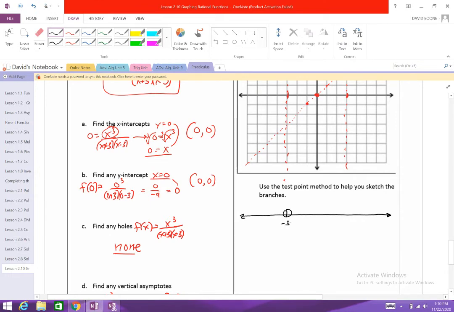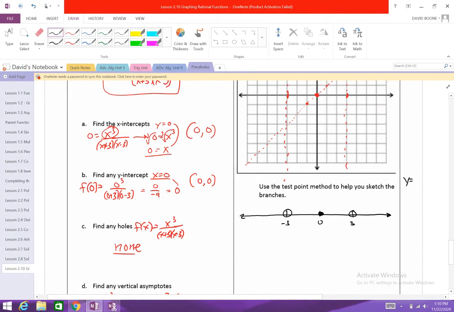That's going to be an open circle because you can't have that. There is a point here at 0, I can have that actually. And there's a point here at +3, but I can't have that. So we're going to test these 1, 2, 3, 4 different areas to see what happens in those functions based on our original function.